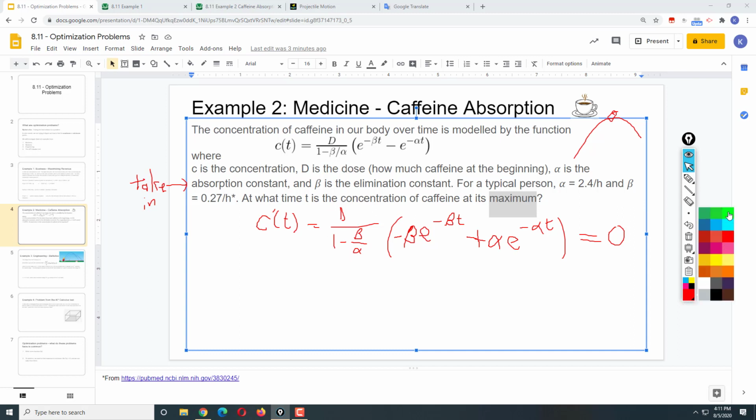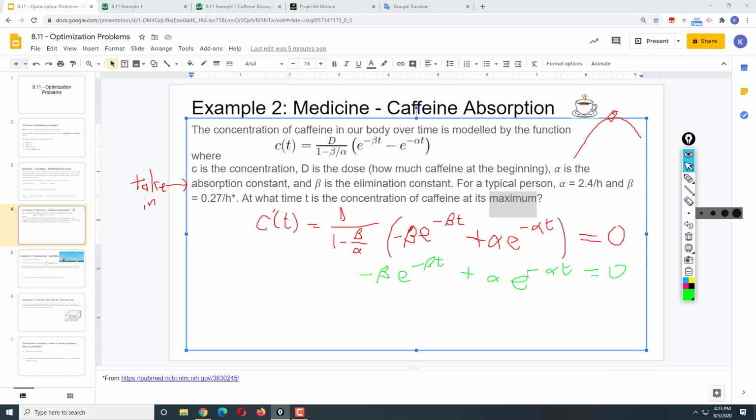So when we solve this equation, we end up with negative beta e to the negative beta t plus alpha e to the negative alpha t equals 0. Move this term to the other side and solve.